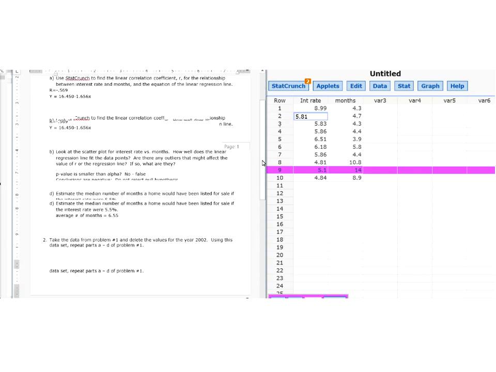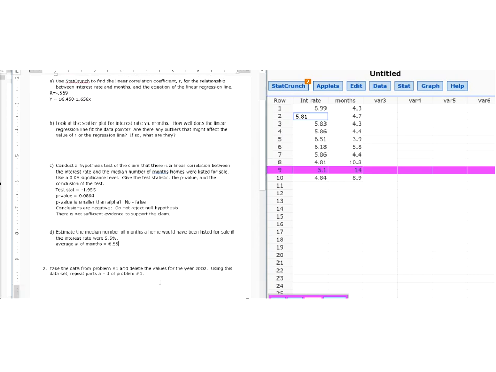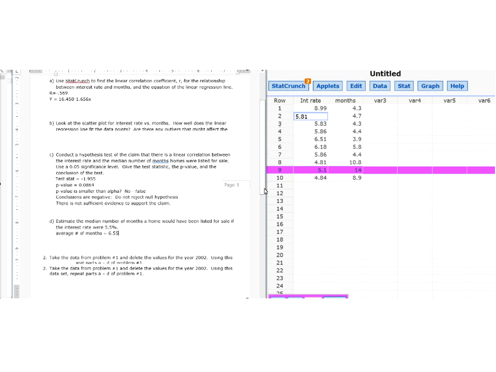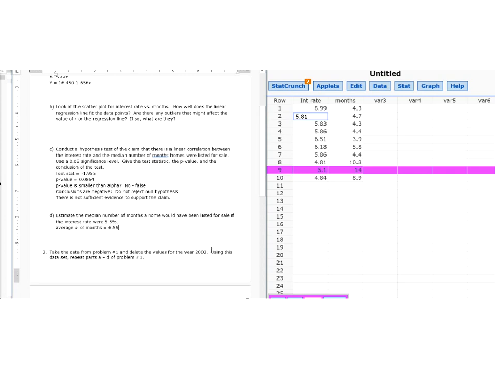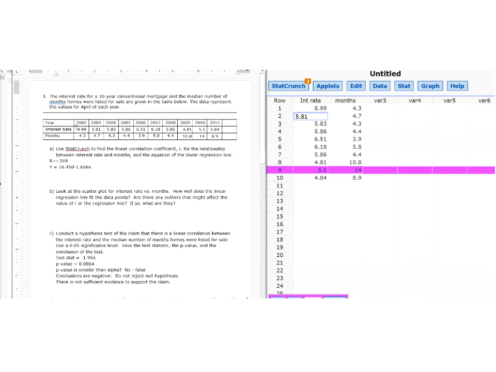Okay, then if we go on, we've got another question here, and that is to take the data that we already had and delete the values for the year 2002, and then repeat all these questions. Our values from the year 2002 were the very first row of the table, so I'm just going to delete these.